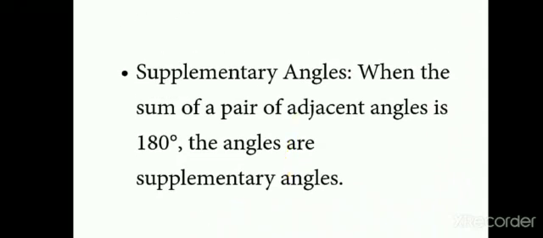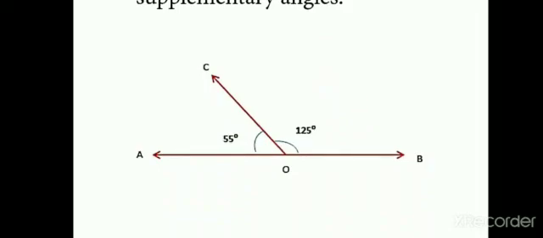Now what are supplementary angles? When the sum of a pair of adjacent angles is 180 degrees, the angles are supplementary angles. See here, you can see there are two angles, AOC and COB. AOC measures 55 degrees and COB measures 125 degrees, and both angles have the same common point O as the vertex.